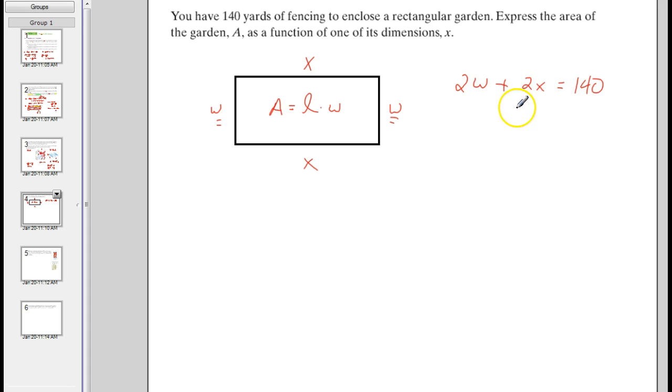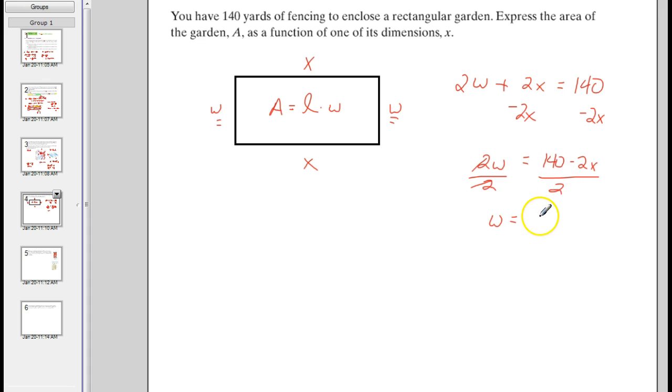Now if I solve for w, meaning I subtract this 2x over, I get 2w equals 140 minus 2x. Now I divide both sides by 2. Remember, when you divide a sum or difference by 2 or any number, you have to divide each part.